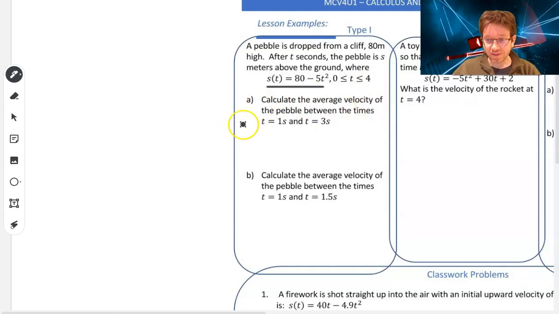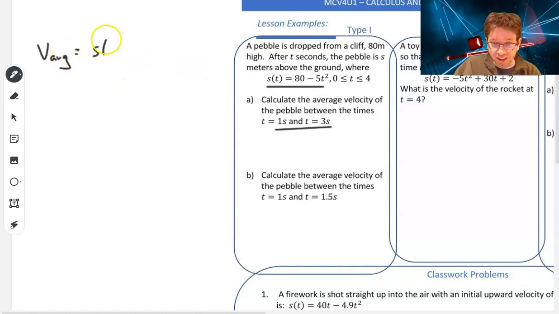Calculate the average velocity of the pebble between 1 second and 3 seconds. Okay, so average velocity would then equal the change in position, which is our function at 3 seconds, minus our function at 1 second, over our change in time, which is 3 minus 1.